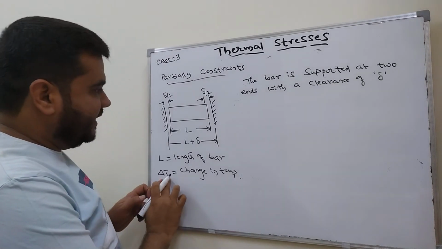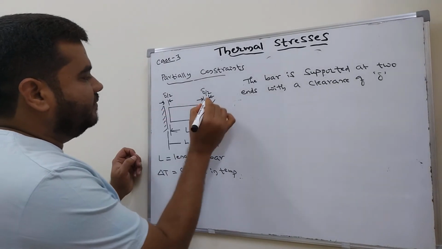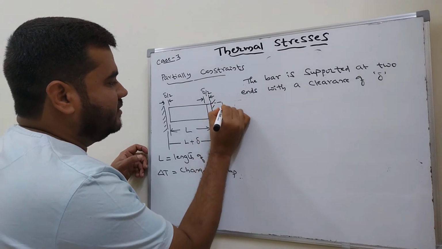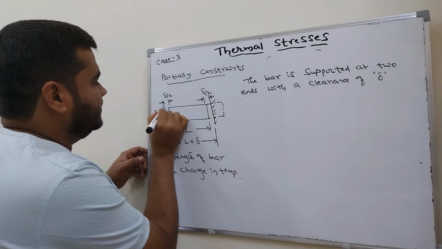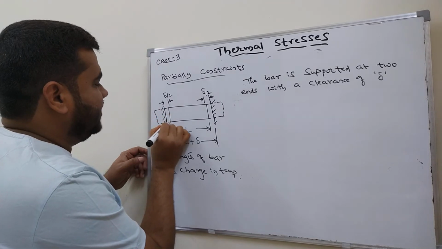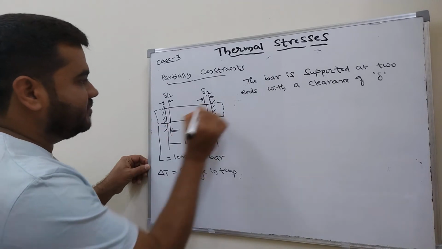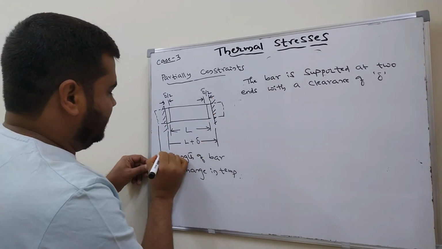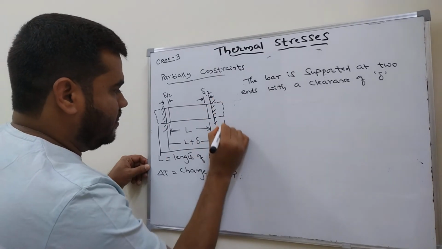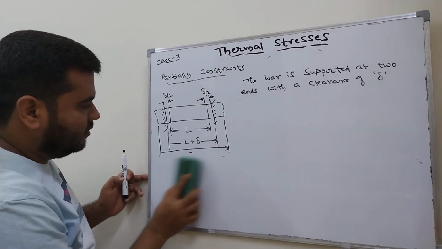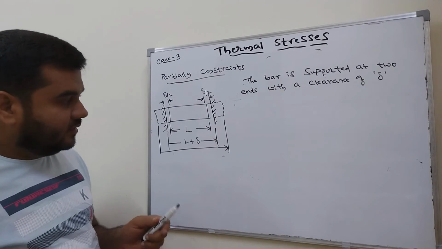So due to this change in temperature, that is an increase in temperature, the bar will undergo thermal expansion. From here to here, how much expansion? What will be the distance?